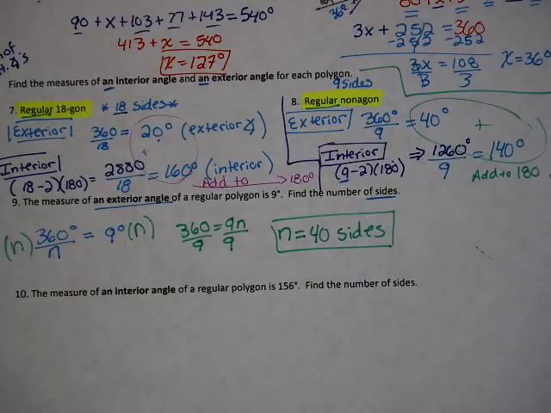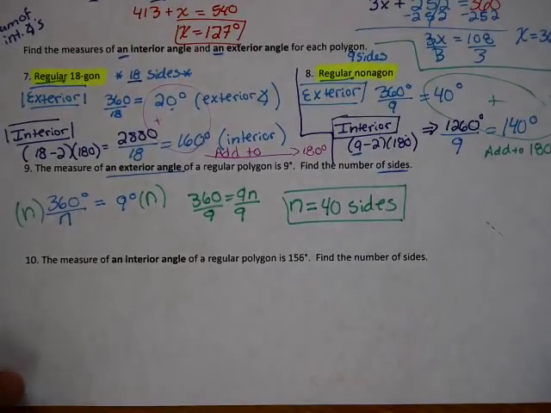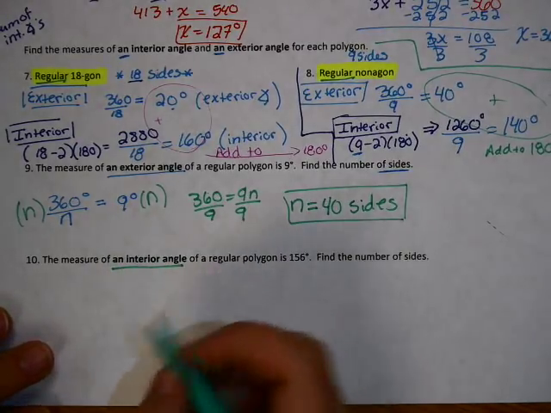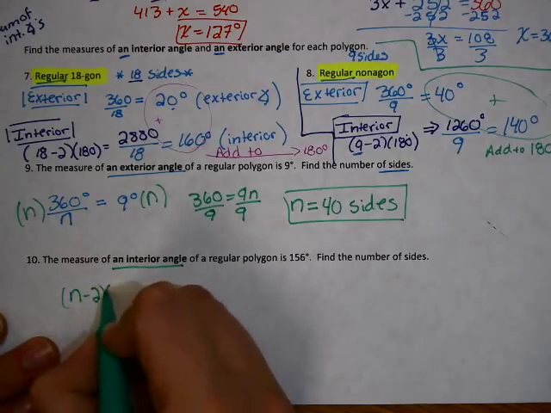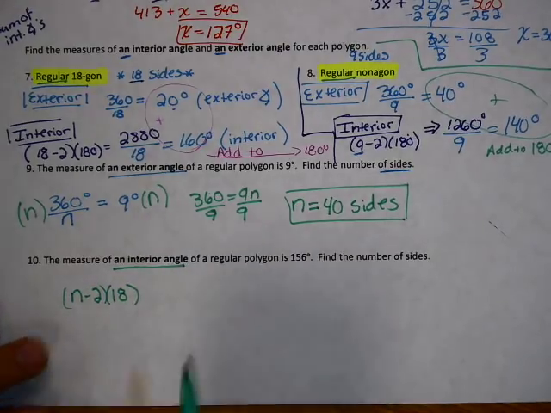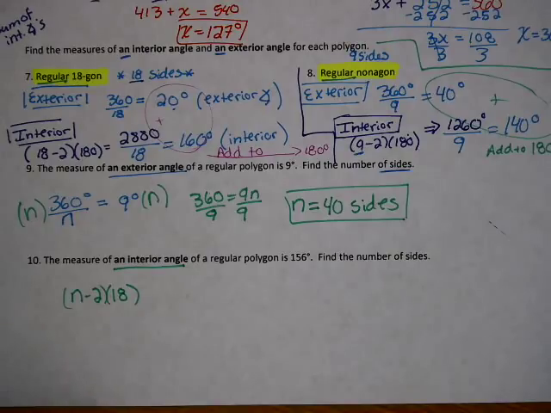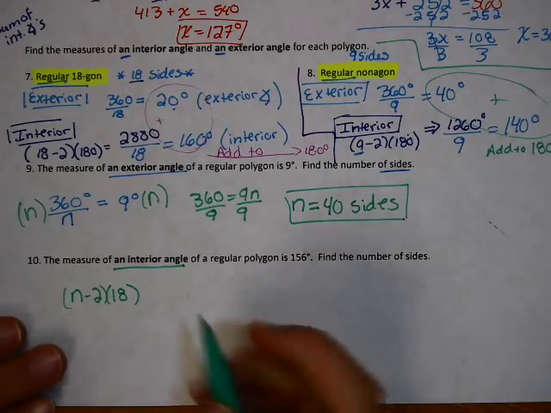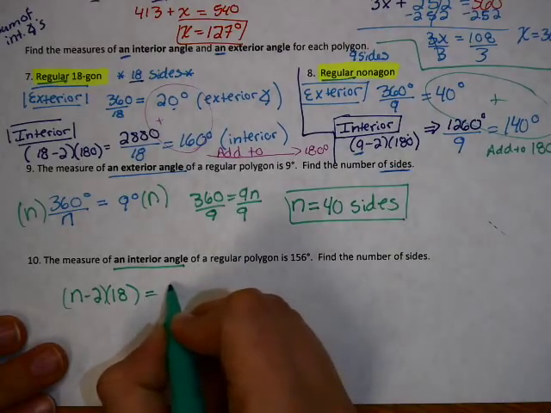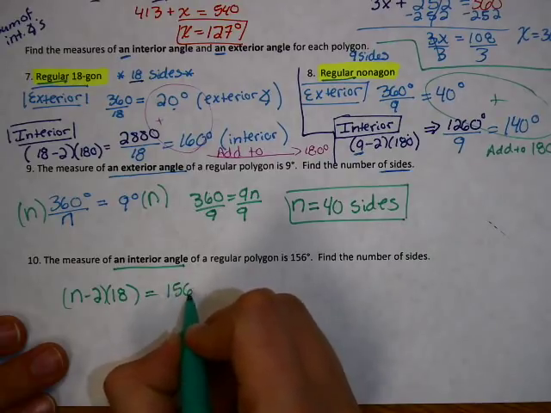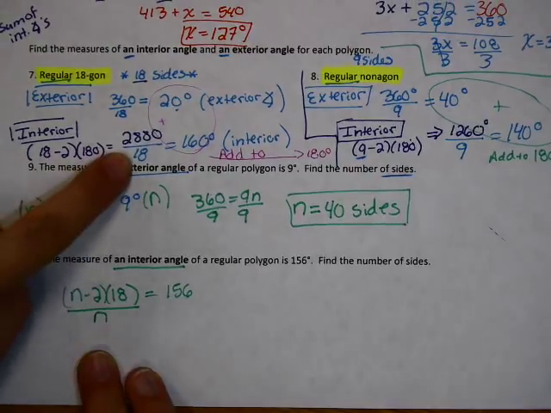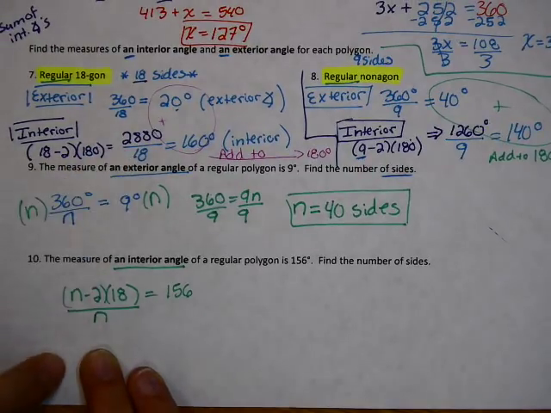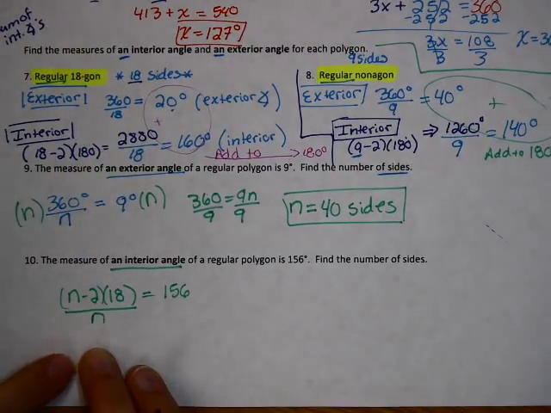All right, let's look at our last example. This time we have an interior angle, right? So that means I'm going to have to use my n minus 2 times 180. It says that measure is equal to 156. I'm going to use the same thing I did up here, divide by the number of sides, so divided by n.